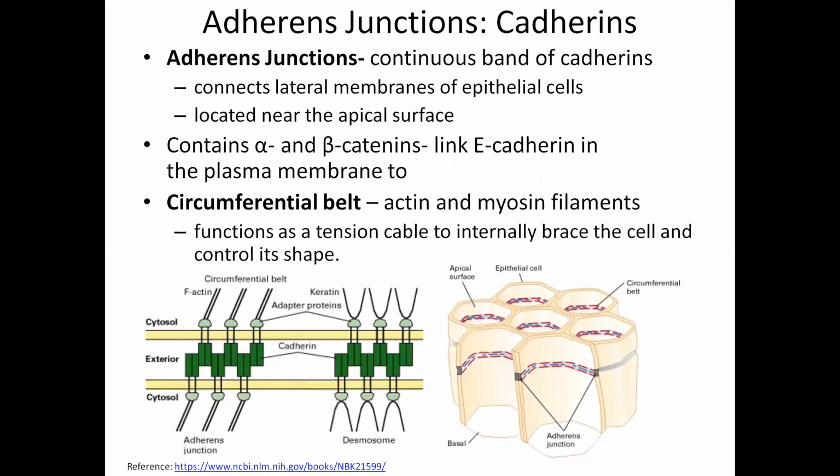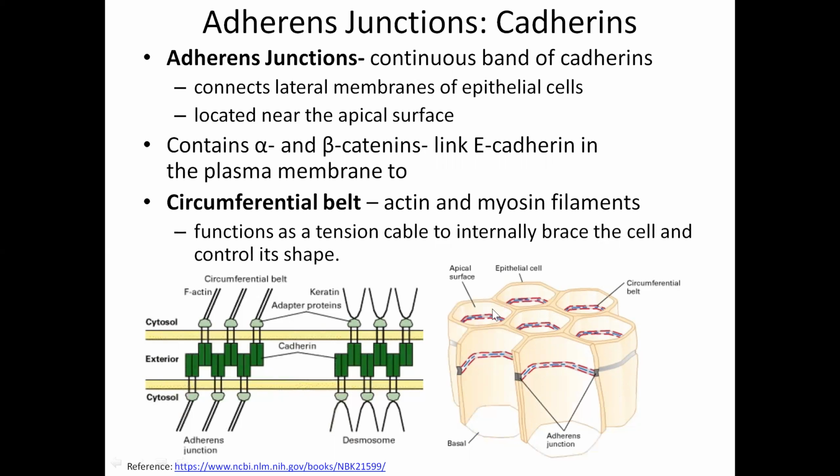So one example of cadherins is that they work in adherens junctions, which is a continuous band of cadherins which connects the lateral membranes of epithelial cells. So you can see in this diagram, the epithelial cells are bound together.